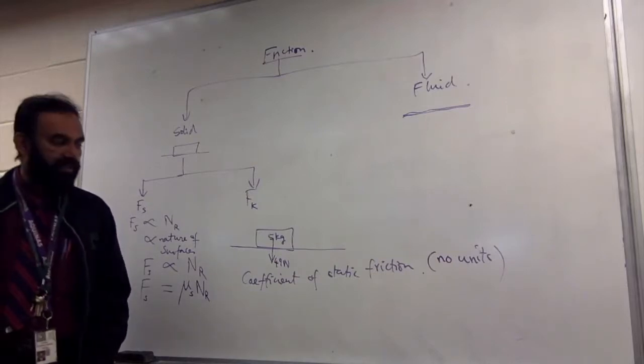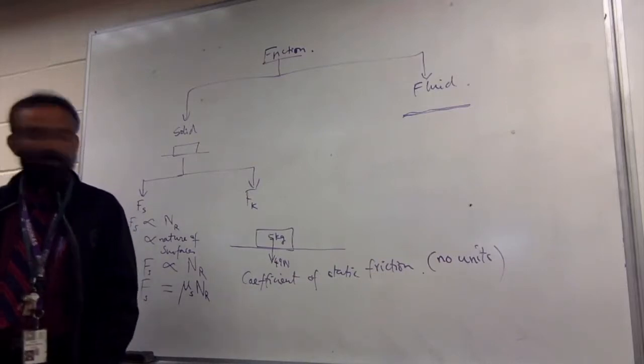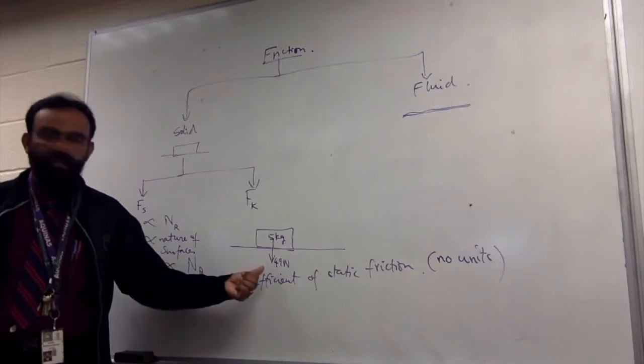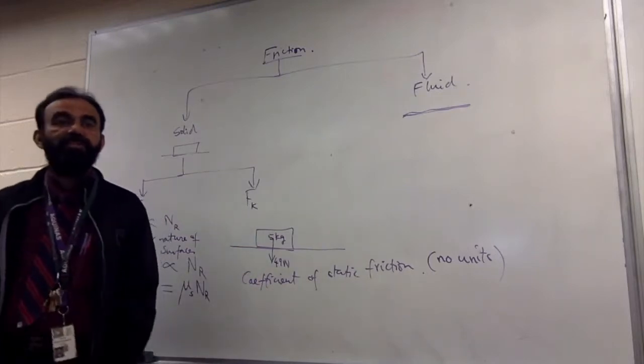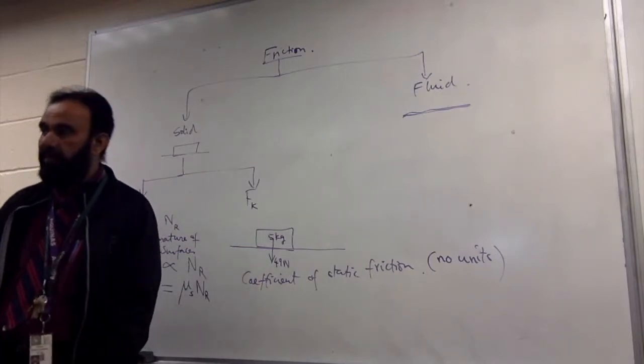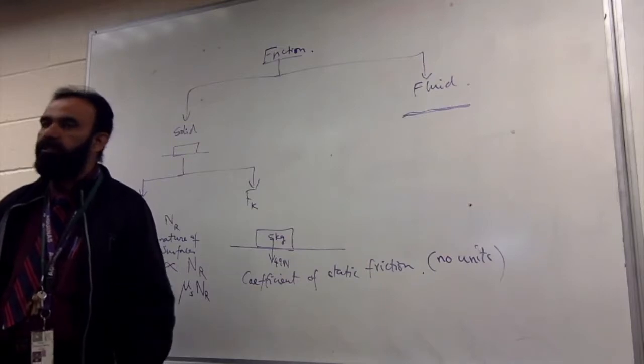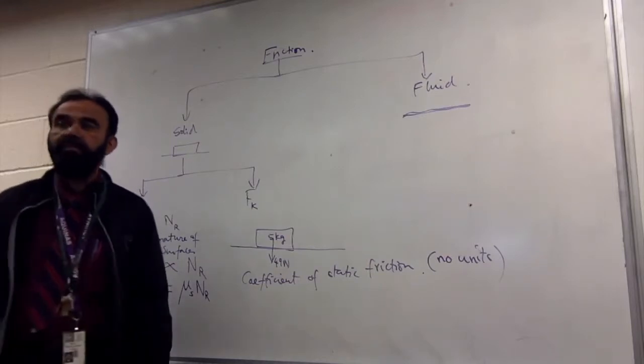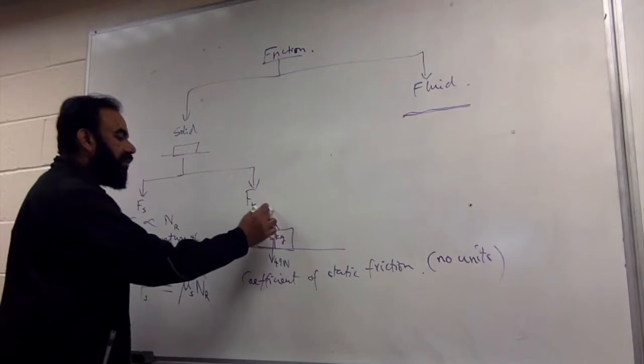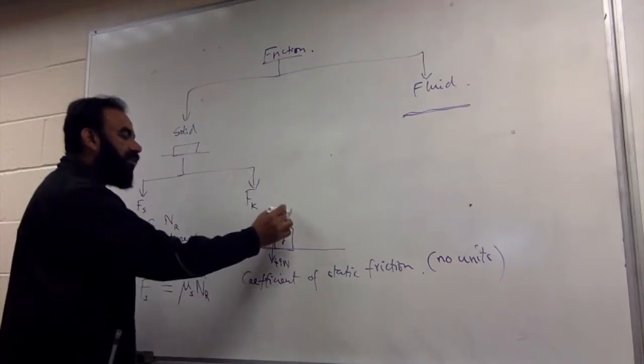The mass of the book is 5 kilograms, the weight of the book is 49 newtons. The book is sitting on the table and is not falling under gravity. That means what is the table applying on the book? 49 newtons. So the normal reaction is 49 newtons.